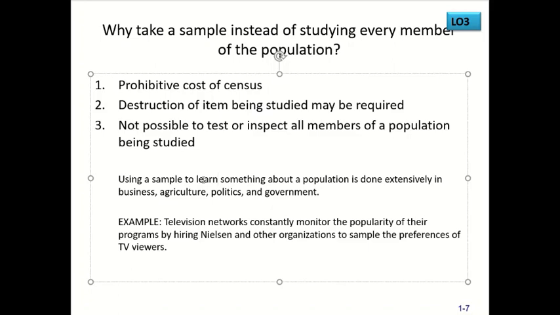So using a sample to learn something about a population is very extensively used in business, in agriculture, in politics, in government.